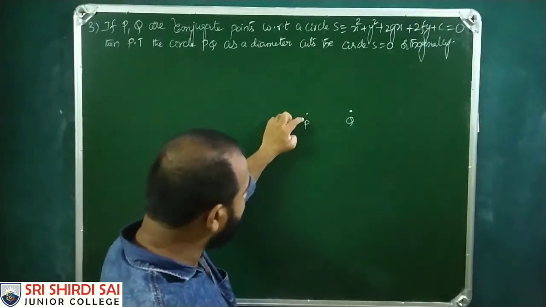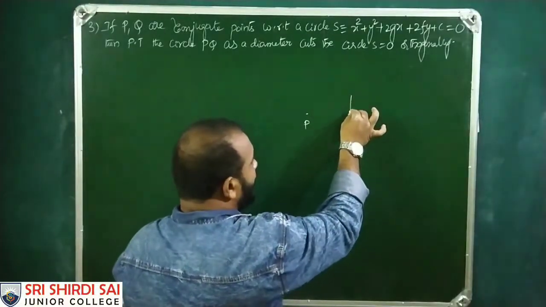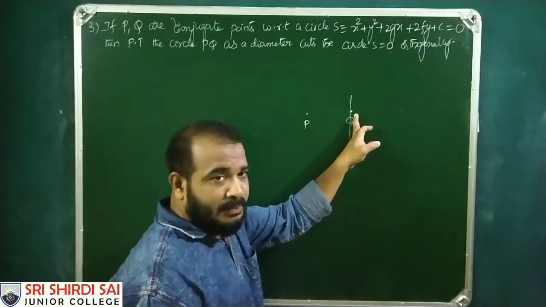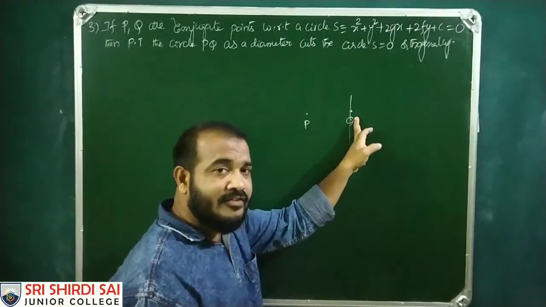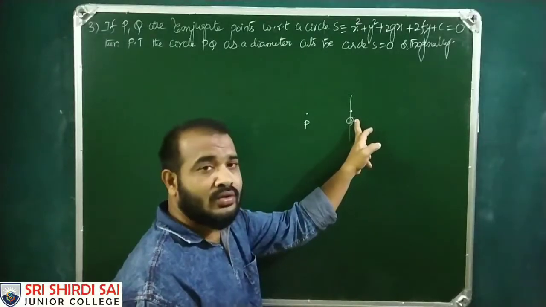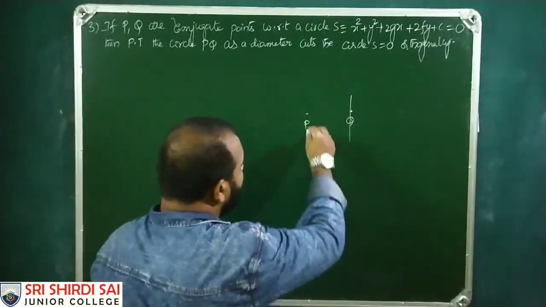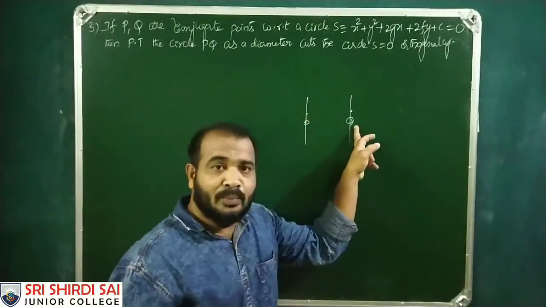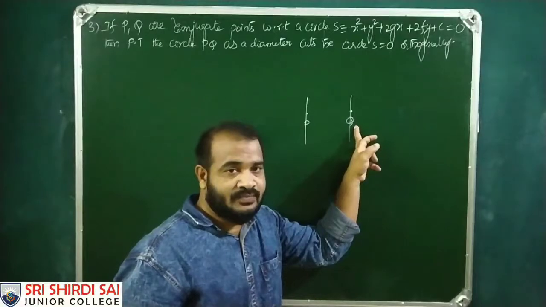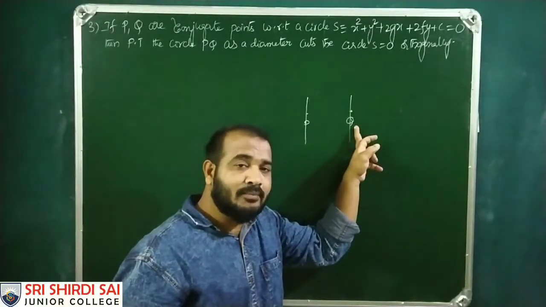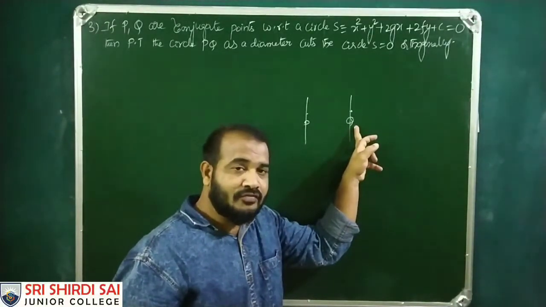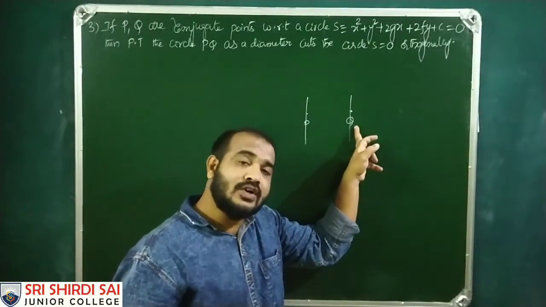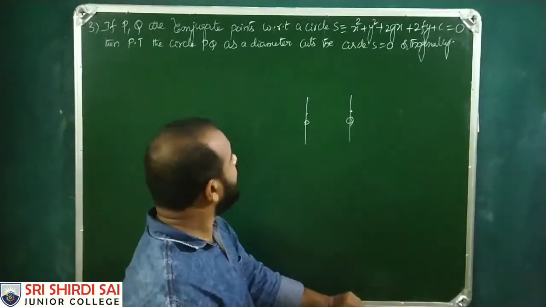That polar of P passes through Q, and Q is a point, that means it is a pole, it must have a polar. The polar of Q must pass through P. Then P and Q are said to be conjugate points. And the condition for the points P comma Q to be conjugate points is S12 equals 0.